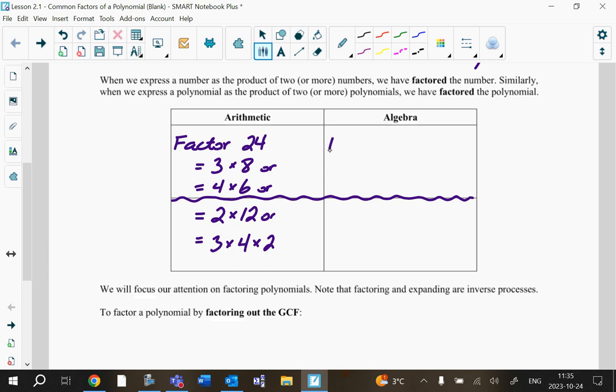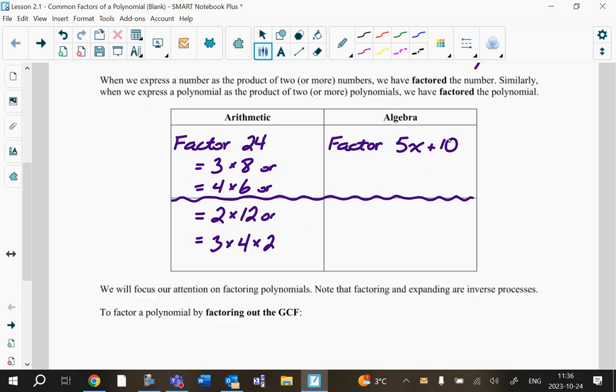If we factor an expression, so let's say I want to factor 5x plus 10. In these situations, there's only one answer.